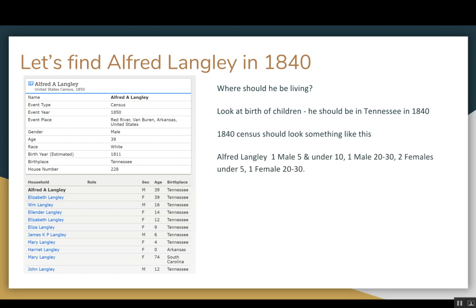So, as I thought about it, just looking from this 1850 census, Alfred Langley's family should look like this. So he should have 1 male, 5 and under, 1 male, 20 to 30, which would be himself. He would be 29, 2 females under 5, and then 1 female, 20 to 30.